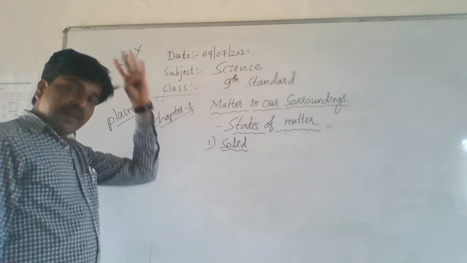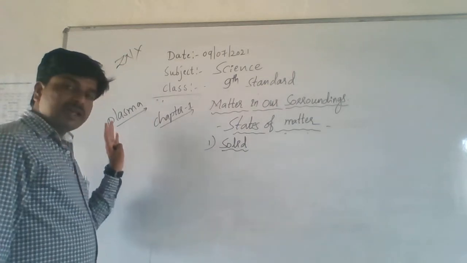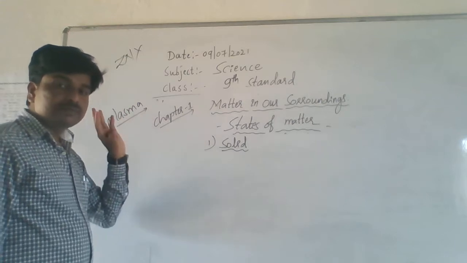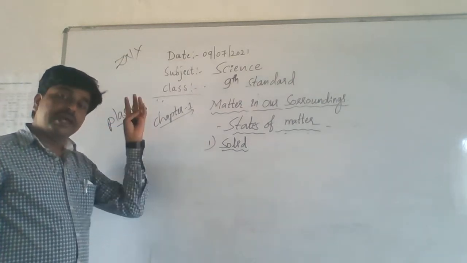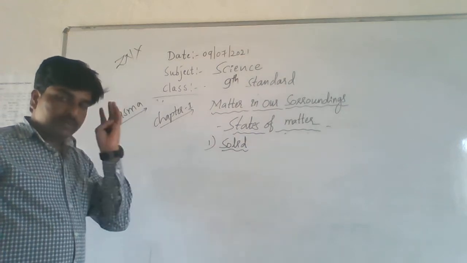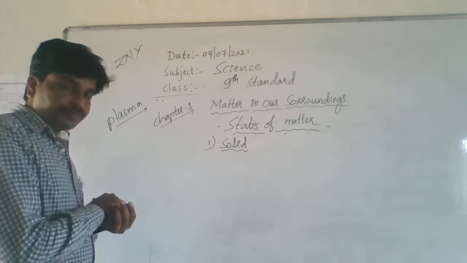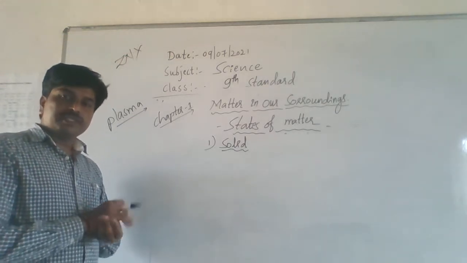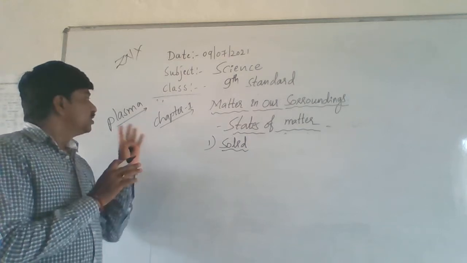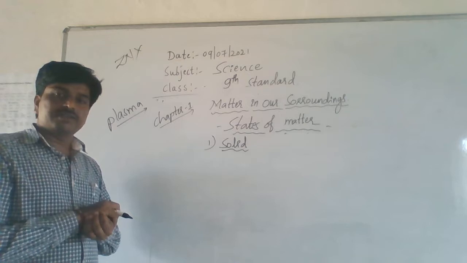At very high temperature, matter exists in a plasma state. The best example is the matter present in the sun, a star. In which state is the matter present in the sun? Plasma state, because a very high temperature is there in the sun.